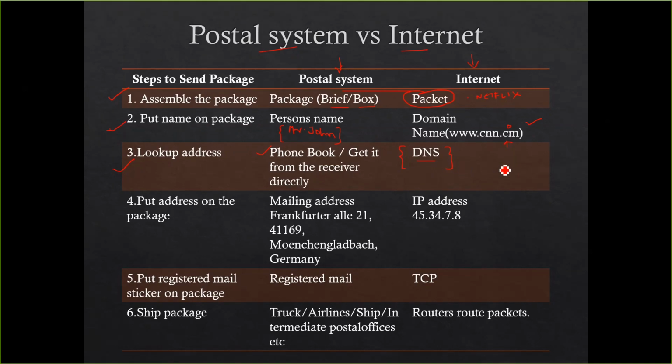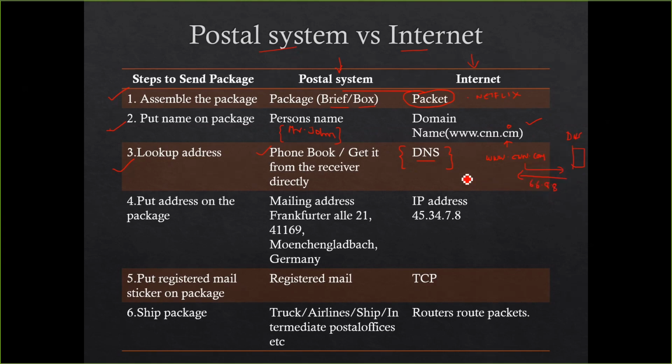What DNS is doing is, whenever I type www.cnn.com in my web browser, the browser is going to ask a DNS server, what is the IP address of CNN.com? And the DNS server is going to tell you the IP address of CNN.com is 6.6.8.8.